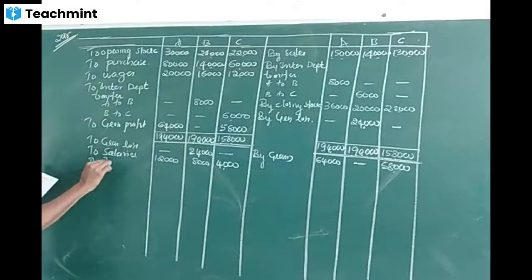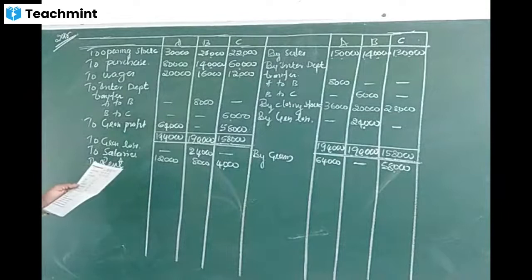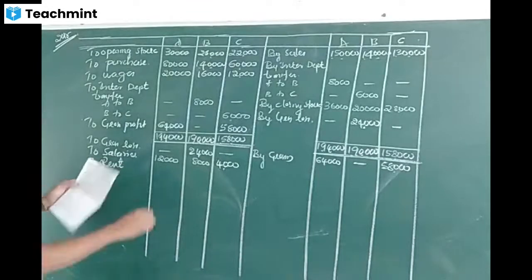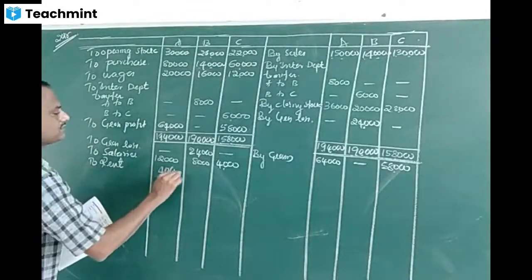Salaries completed. Next, rent. Equally, 4,000 each.